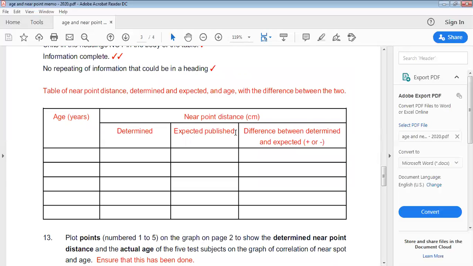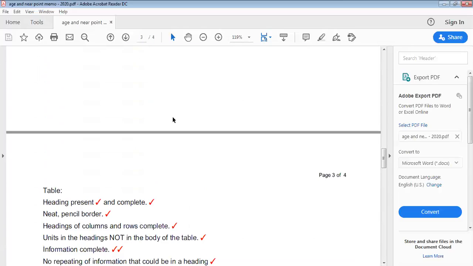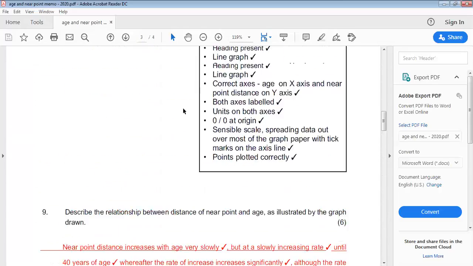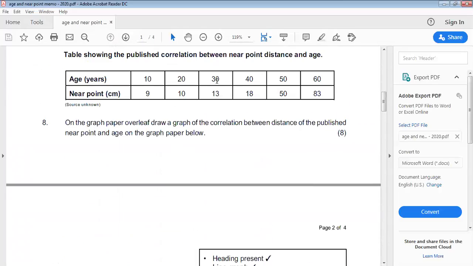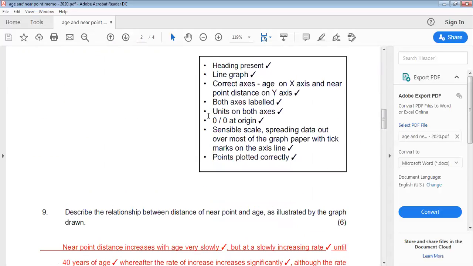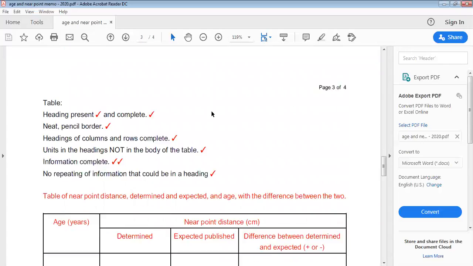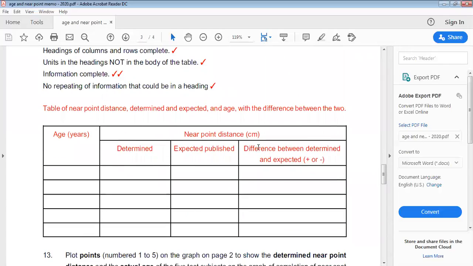So if you found a person who was age 33 as a subject, then you would go onto the line on the graph, and at the point 33, you would read that little expected near point off. So you would read it off of the graph. And then you had to calculate the difference between the determined and the expected near point.